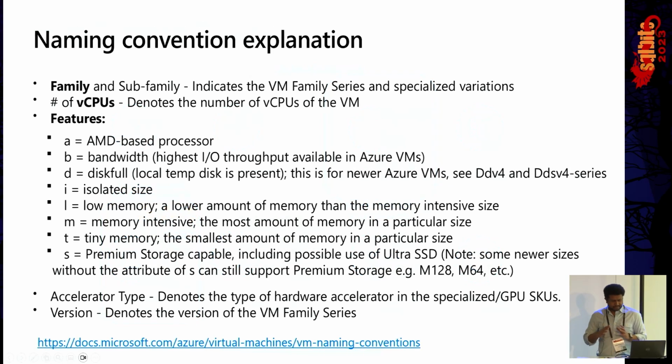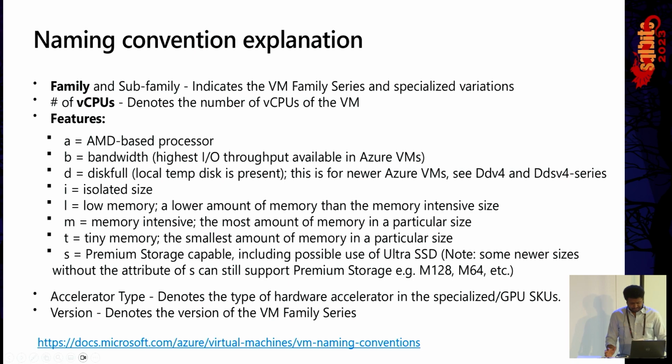Now, I will try to explain what this is all about. What is E, what is B, what is D. There are so many naming conventions out there, and as a data person who is running SQL Server, what do I really need to care about?